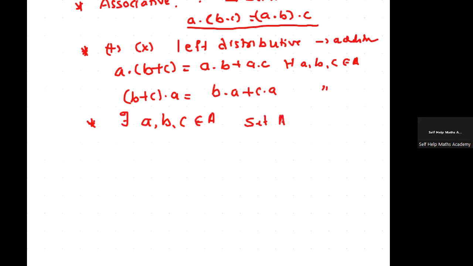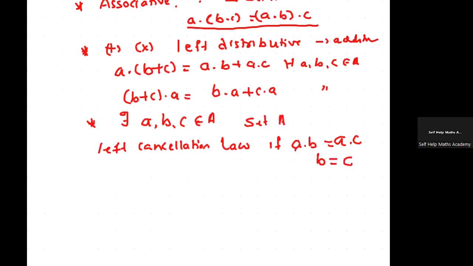So there is something called the left cancellation law. It holds if A dot B is equal to A dot C; from the left cancellation law, this implies B equal to C.